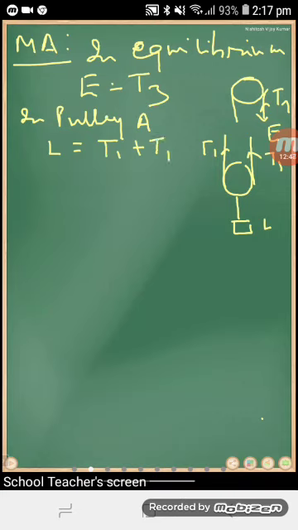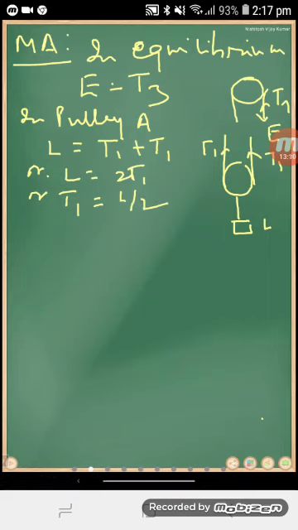We have already seen this, that in case of a movable pulley, the load is equal to twice the tension. So we can write L is equal to 2T1, or T1 we can write as L by 2. So the tension in each string will be half of the load.